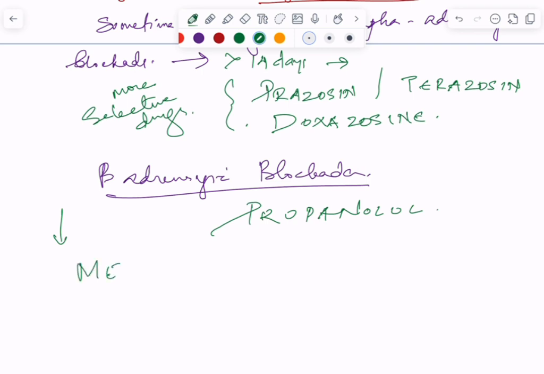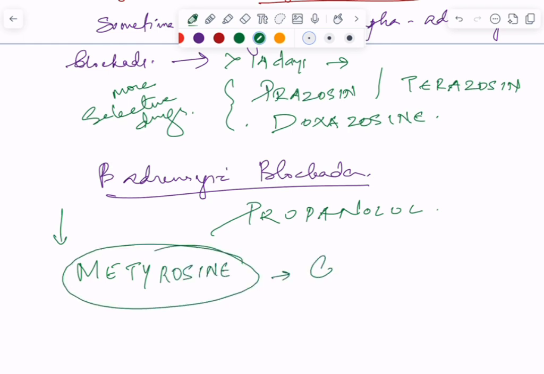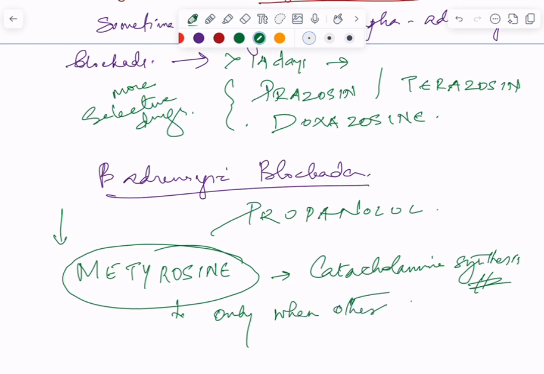This we can't give in the first stage. Only when other therapies are ineffective, start with this metyrosine. These are the treatments, and we almost covered the topics of etiology, pathophysiology, and clinical triad.